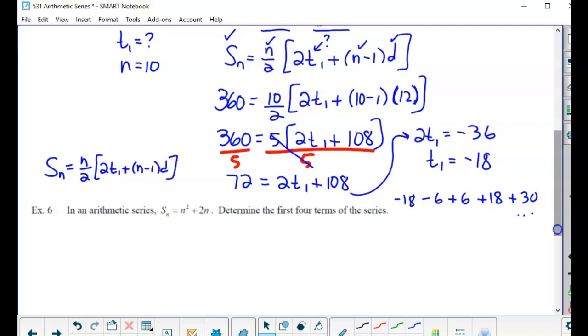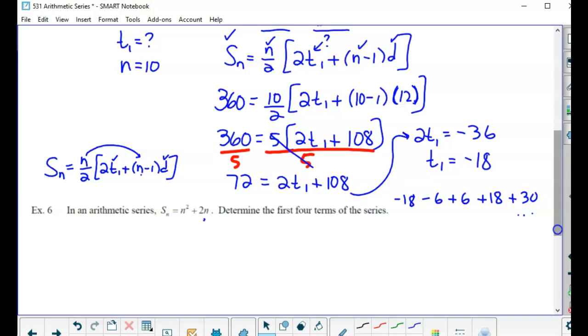If you knew T1 and D, if you expand this out, you're going to get an n squared, right? N times n. So for some value of T1 and D, it could end up being simplified to this, in that form.